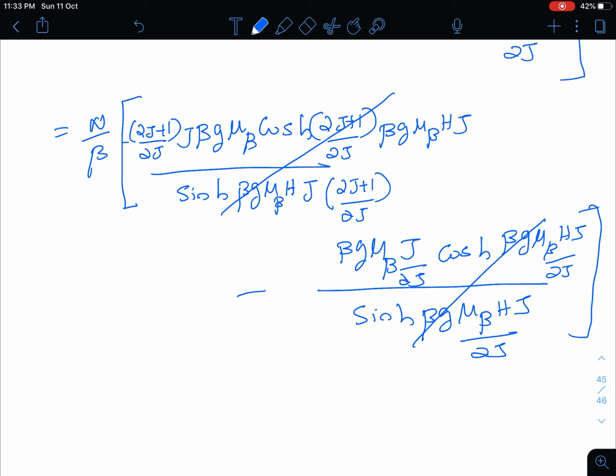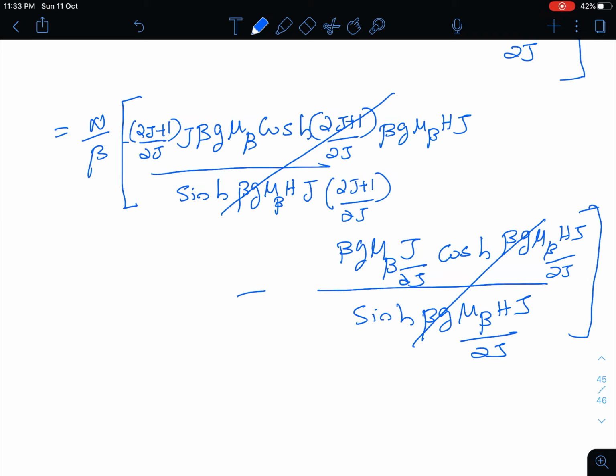Usually you might have heard his name in solid state physics. So that's called Brillouin. My aim right now is to keep the Brillouin function inside and take the remaining factors outside. The rest is almost ready.